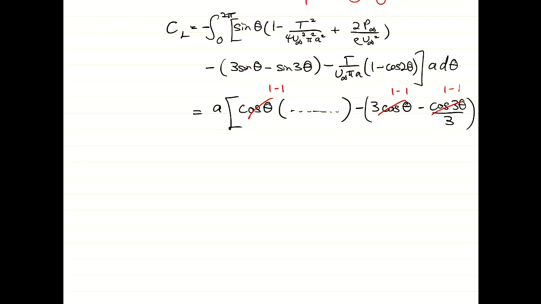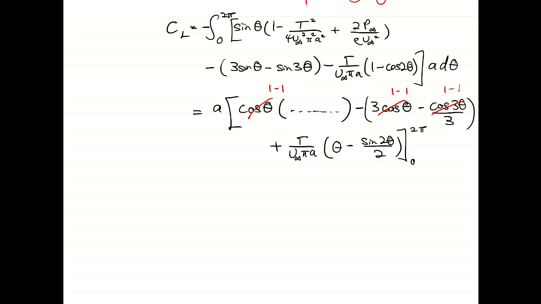Okay, and I have my final term here, which is plus gamma over u infinity pi a. If I integrate 1, I'm going to get theta minus sine 2 theta over 2, integrating from 0 to 2 pi.